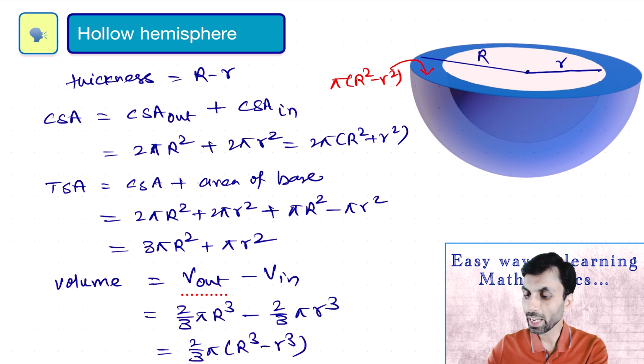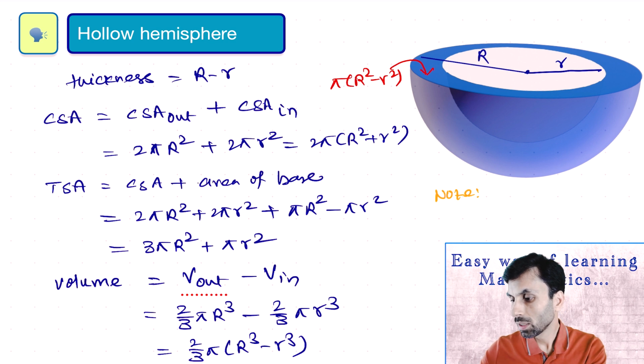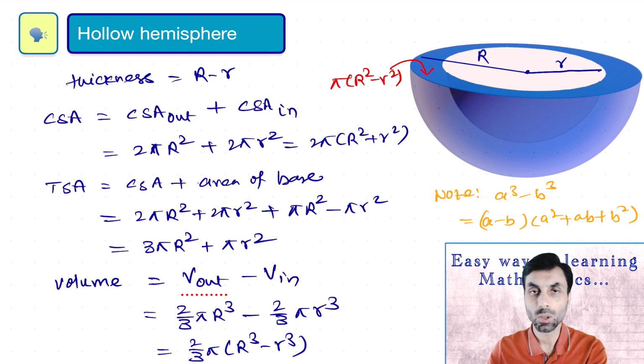Now here again we need to remember the identity, that is a cube minus b cube equals a minus b into a square plus ab plus b square, as it can be useful to solve these types of questions.